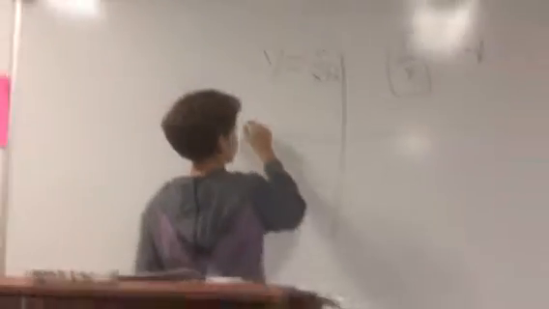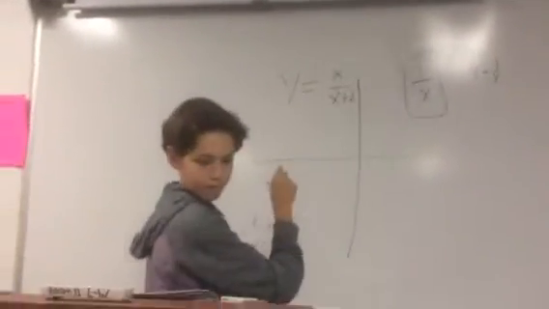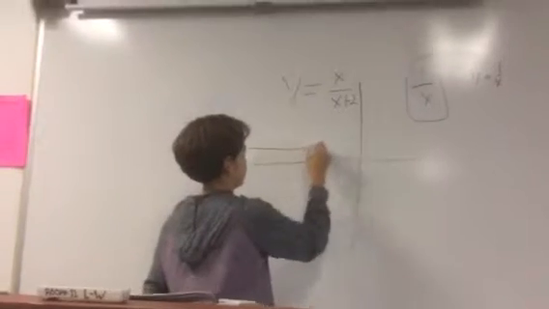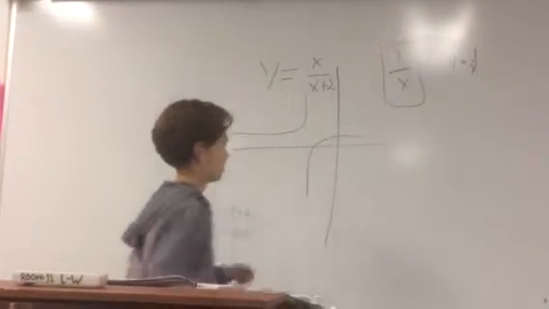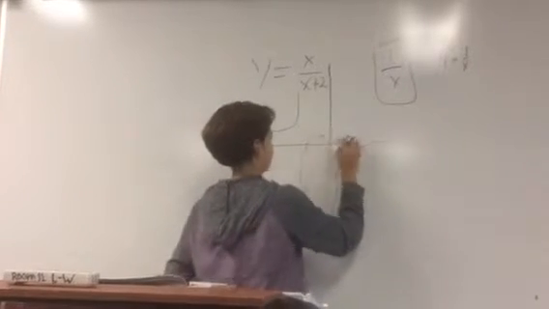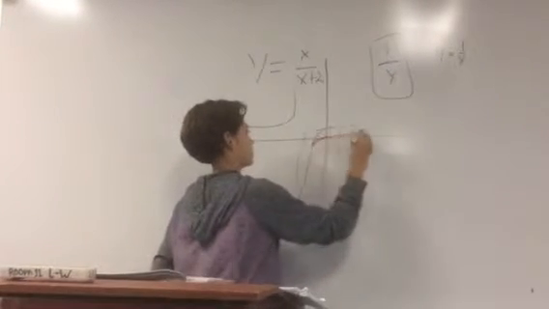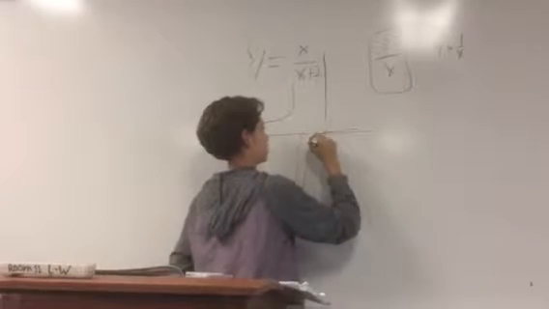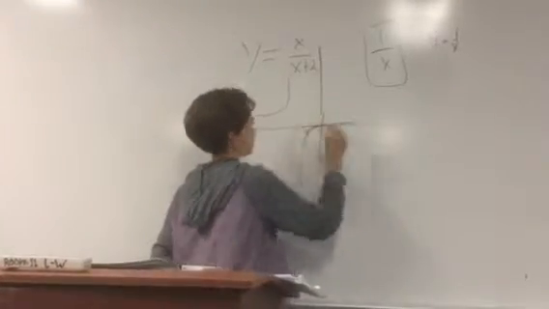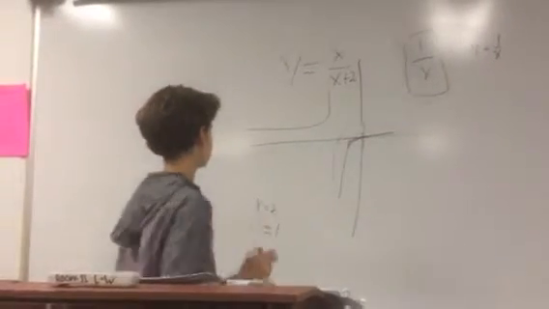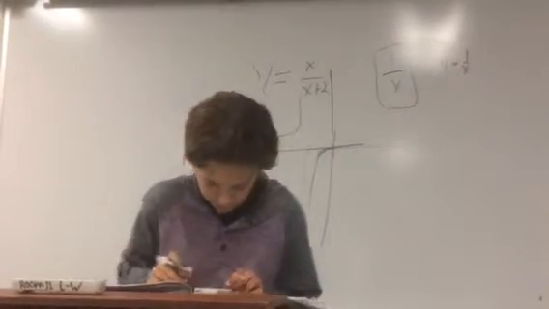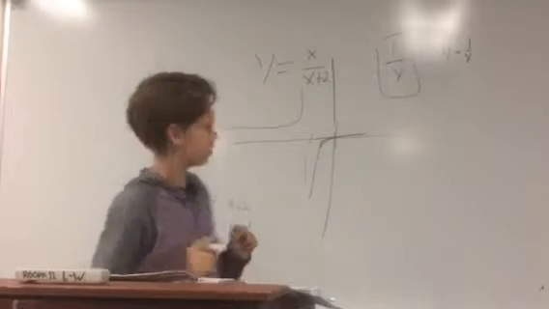All right, so it's going to be like here, and then it goes up, and it goes here, and then it goes like here. And we can see that the asymptote here will be x equals 2.